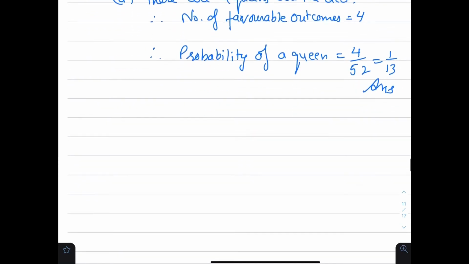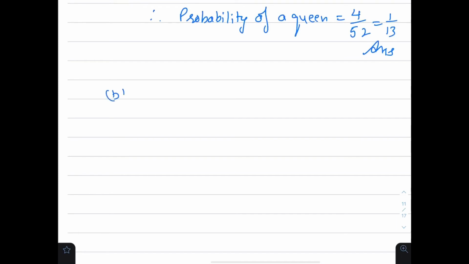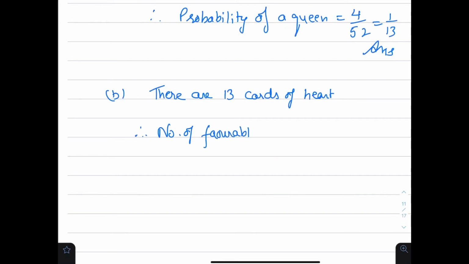Next one is a heart. B part, a heart. We know that there are 13 cards of hearts. Therefore, number of favorable outcomes equals 13.